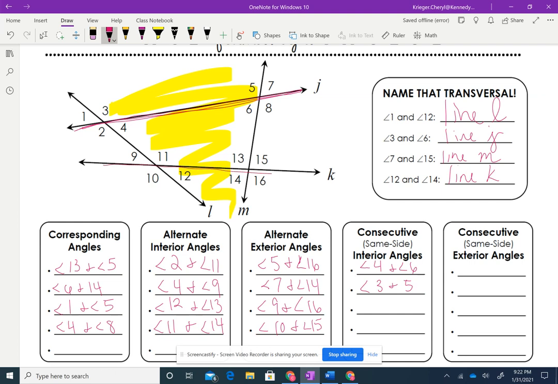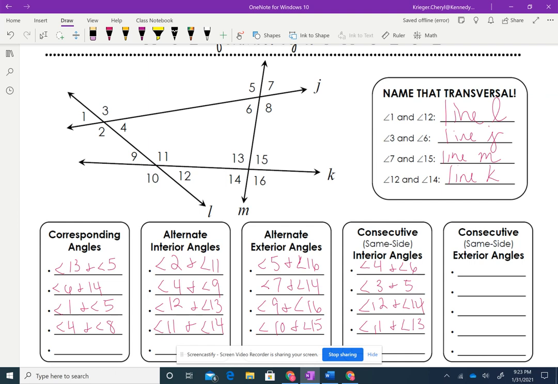I think I'm going to make K my other transversal just for saving time. Same side interior, angle 12 and angle 14. The other one would be angle 11 and angle 13. Okay.